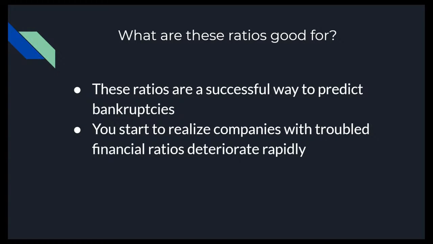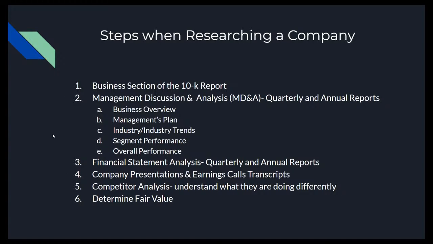No, you don't need to use all ratios. To be honest with you, I think PE ratio is completely fine. I use book value, PE ratio, and honestly, looking through their annual reports and what we discussed before: their business overview, their management's plan, their industry trend.